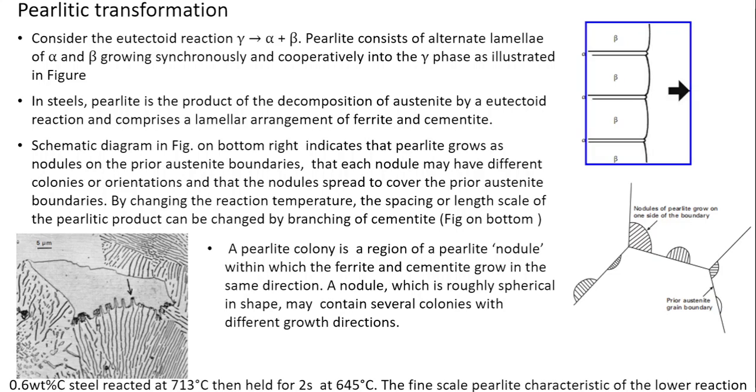A pearlite colony is a region of a pearlite nodule within which the ferrite and cementite grow in the same direction. Nodules, which are roughly spherical in shape, may contain several colonies with different growth directions.